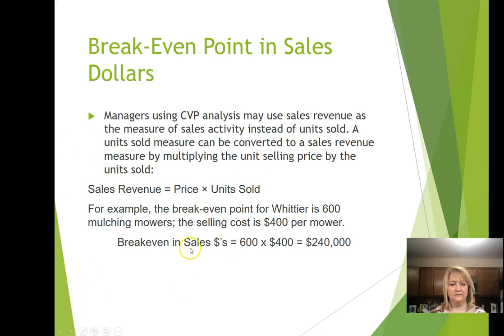So in the previous problem, 600 units times $400 per mower equals $240,000. So that's the break-even number in sales. So 600 was the number of units we had to sell to break even. If the selling price were $400 per unit, the break-even in sales amount would be $240,000.